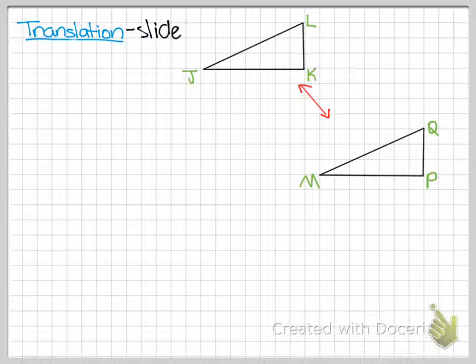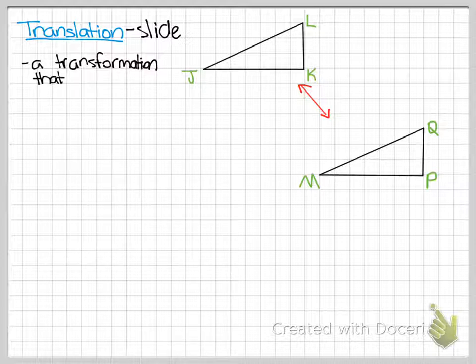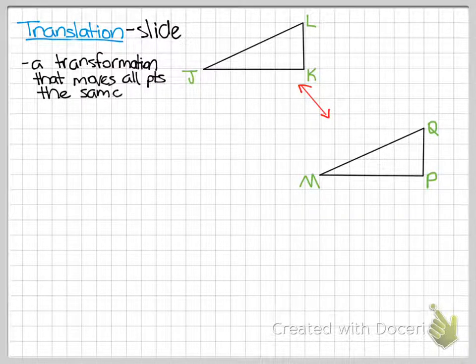Another way to describe it is a transformation that moves all the points in a figure the same distance. So all points are moved the same distance.